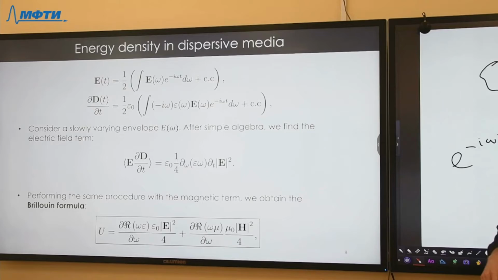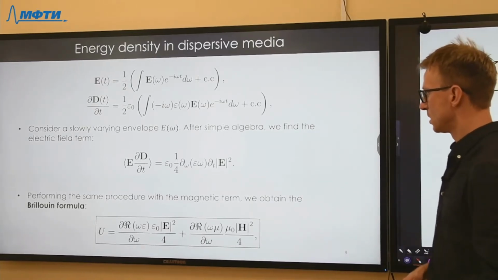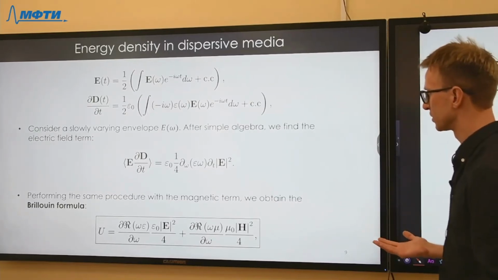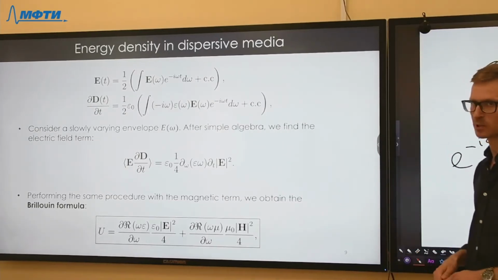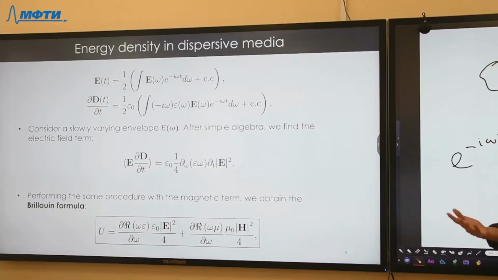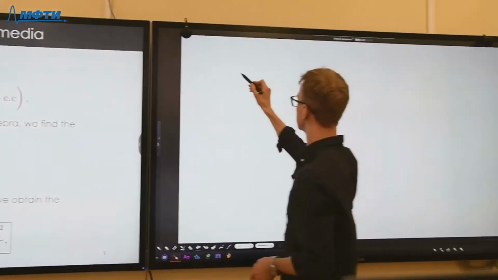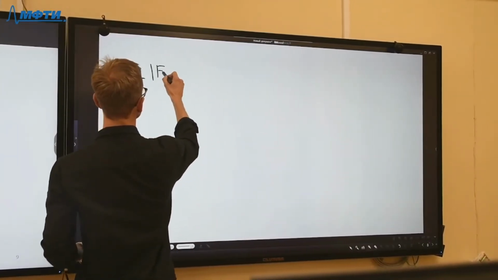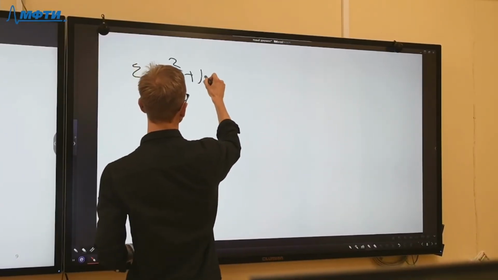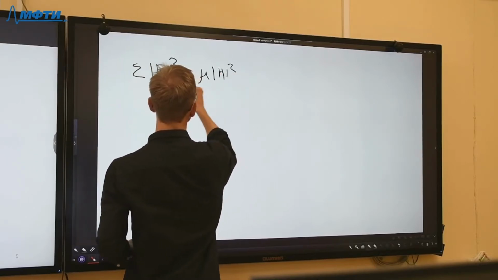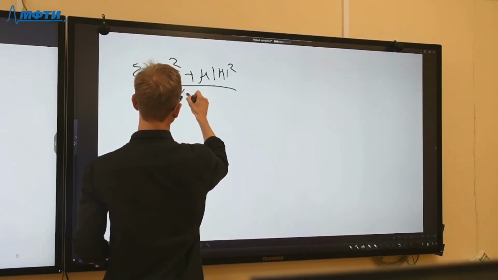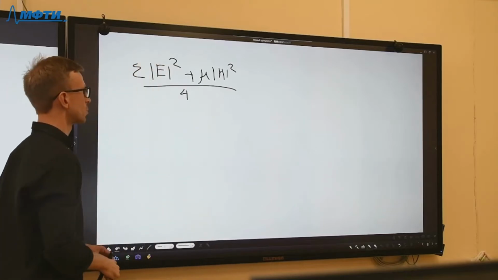So this is a very important result in electromagnetism, because apart from providing a corrected result that can describe electromagnetic energy, for example, in metals, if you were to use the classical formula in which the electromagnetic energy is epsilon E squared plus mu H squared over 4, you would probably obtain an incorrect result.